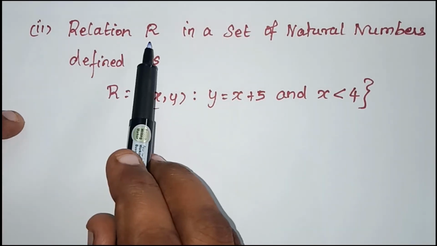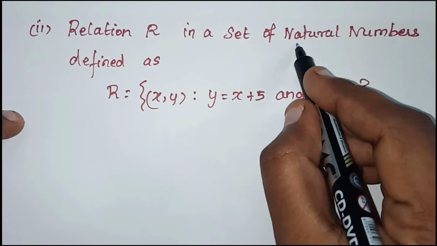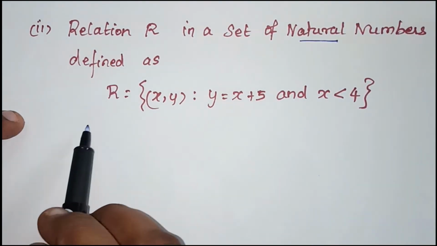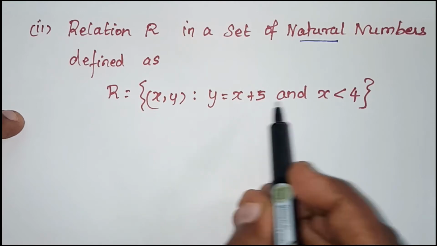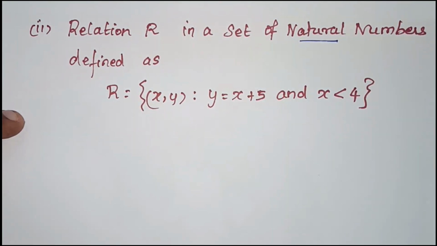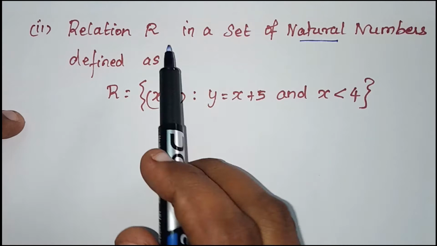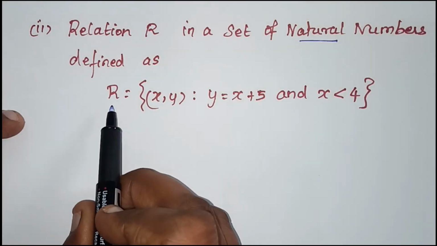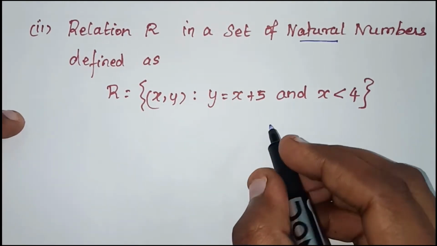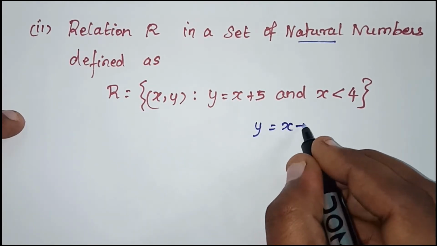Okay, so relation R in a set of natural numbers is defined as x comma y, where y is equal to x plus 5 and x is less than 4. Given is the set of natural numbers. Natural numbers means it starts from 1, 2, 3 up to infinity, right? So the relation given is y is equal to x plus 5.